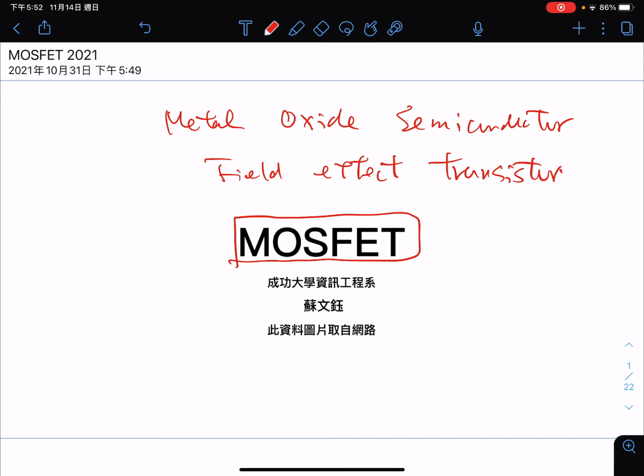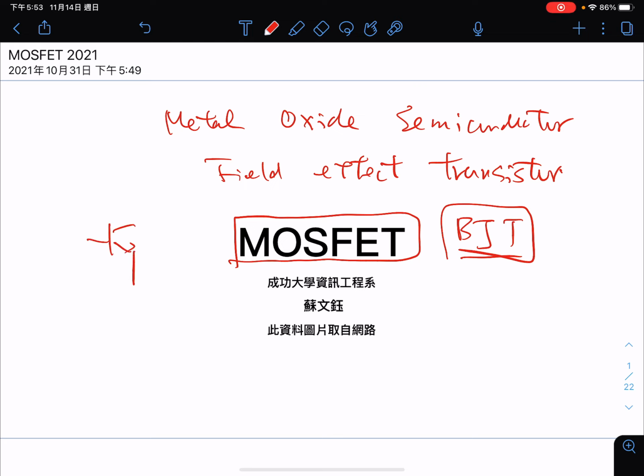Okay, since we have the bipolar junction transistor, why do we need another type of transistor if they are both used for amplification? Let's review the characteristic of the bipolar junction transistor.